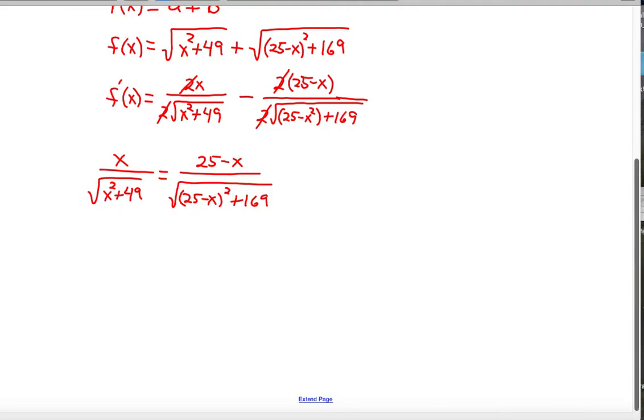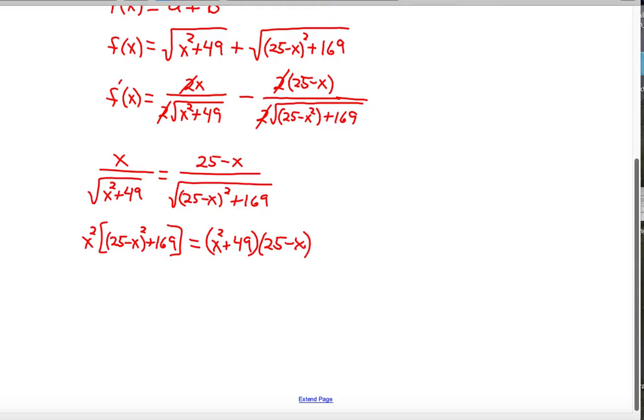Okay, so let's see, square both sides and cross multiply, I'm going to get x squared times 25 minus x quantity squared plus 169 equals x squared plus 49 quantity times 25 minus x.